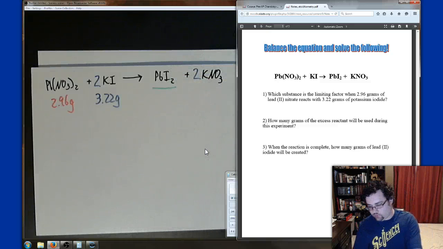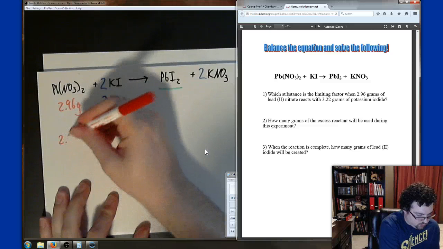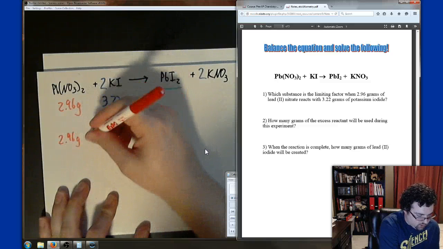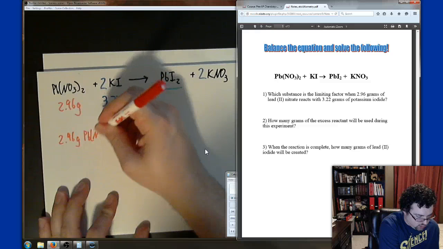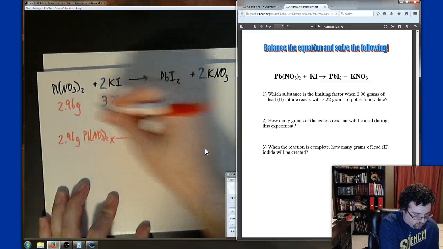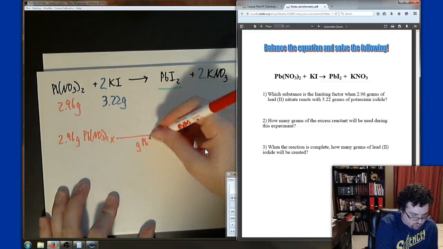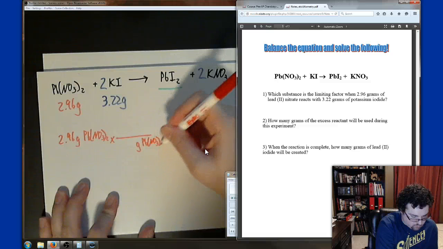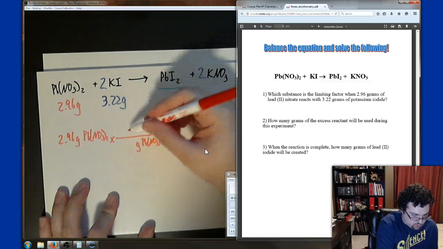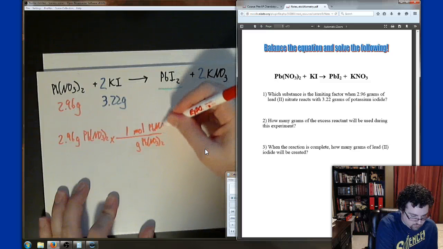To set up the equation, you start with 2.96 grams of lead-2 nitrate. I need to convert that into moles of lead-2 nitrate, so grams of lead-2 nitrate go down here, and I change that to 1 mole of lead-2 nitrate.